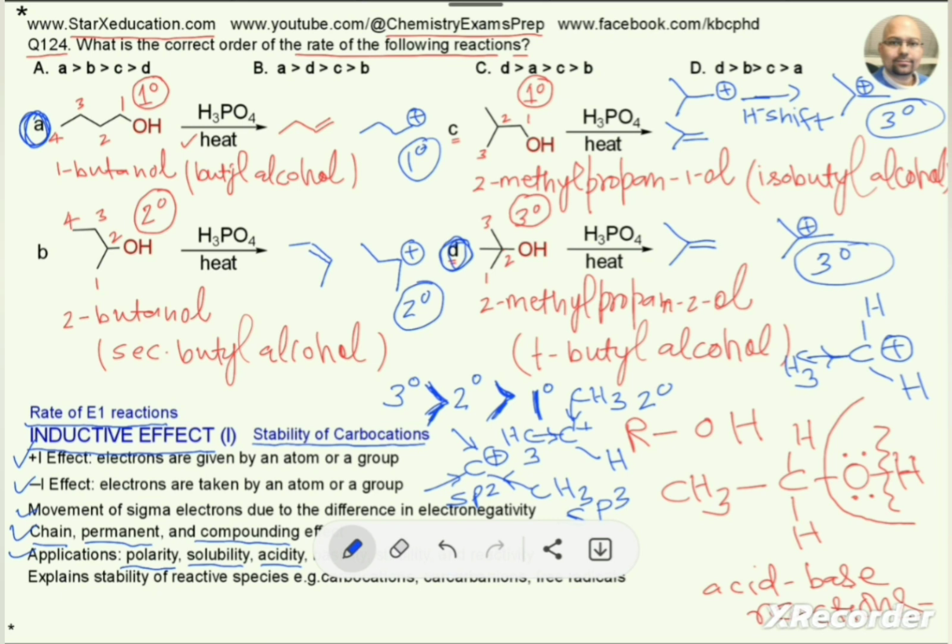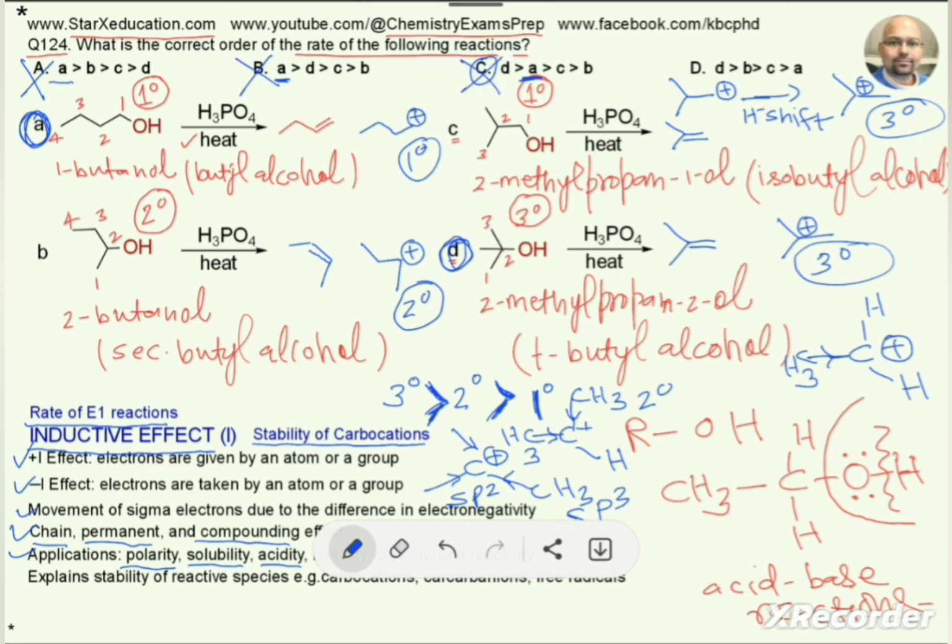Therefore, we can quickly eliminate some choices, like choice A, where it shows that A has higher rate of reaction than B, which is incorrect. So we can right away remove this possibility. Same way we can remove choice B, because again A cannot be more reactive than D. Now C has D as option, which is the most reactive here, which is correct, but then it got A, and A is the least reactive one.